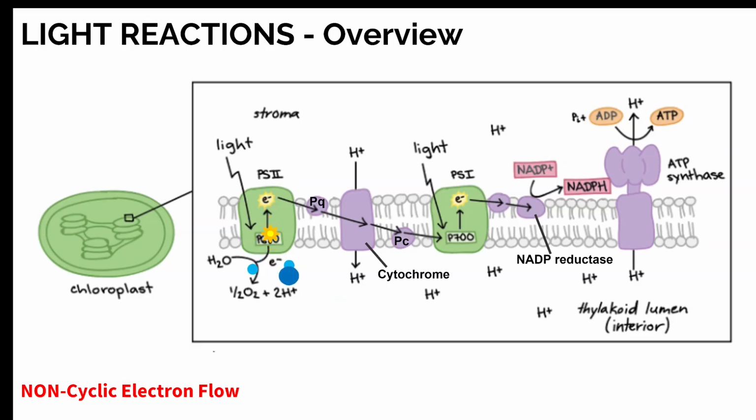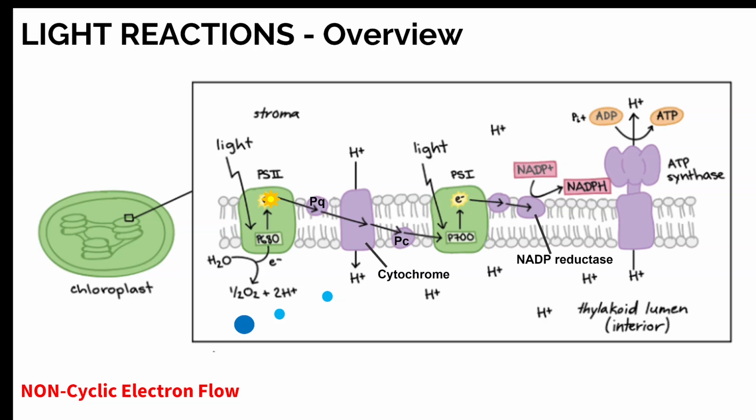So we broke apart that water, and that electron is now in an excited state. So you can kind of see we lifted it up a little bit to represent that it's in an excited state. And we're actually going to transport that electron through a series of peripheral and integral proteins within the thylakoid.